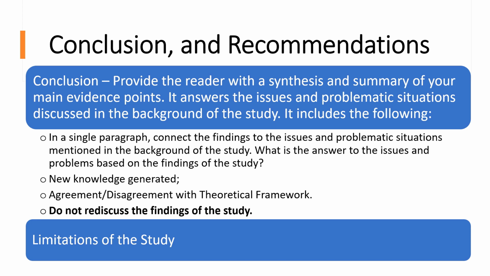What is the answer to the issues and problems based on the findings of the study? Take note, do not rediscuss the findings of the study. Do not say anymore that there is a significant relationship, because you already mentioned that in the findings of the study.